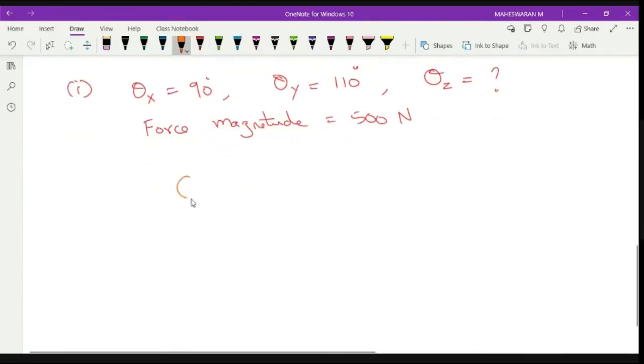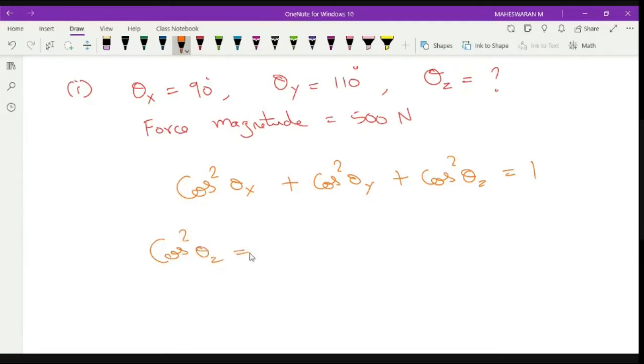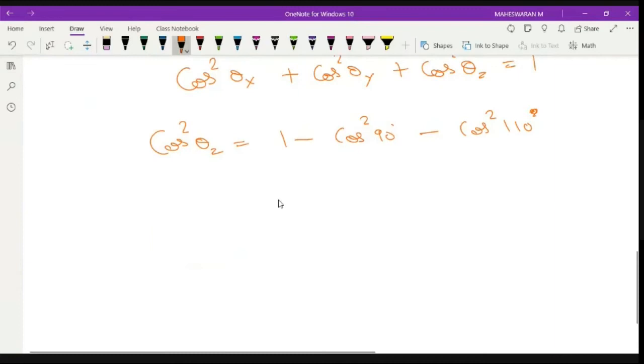I know that cos square theta x plus cos square theta y plus cos square theta z is equal to 1. So I can identify cos square theta z. It is equal to 1 minus cos square 90 degree minus cos square 110 degree, right? Cos 90 is 0, so 1 minus 0 minus cos 110.